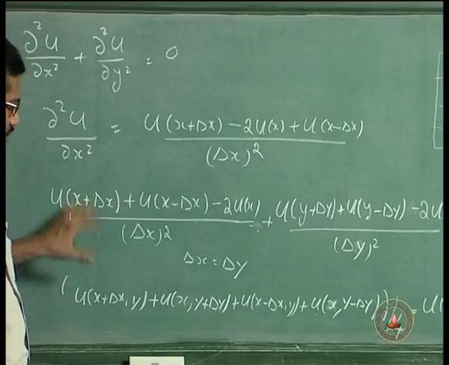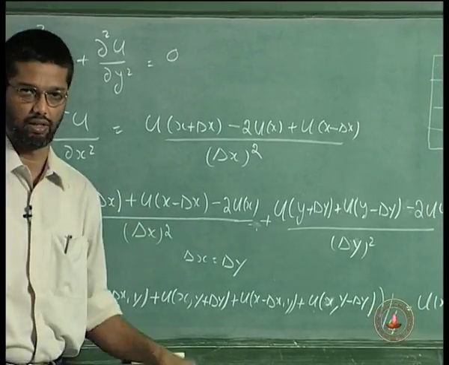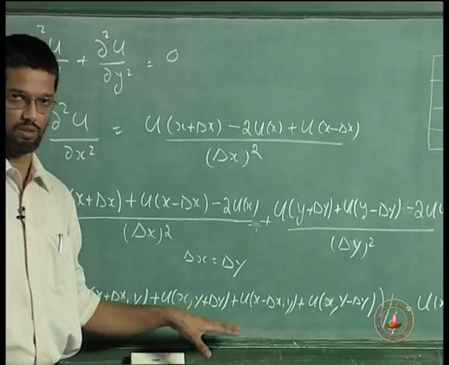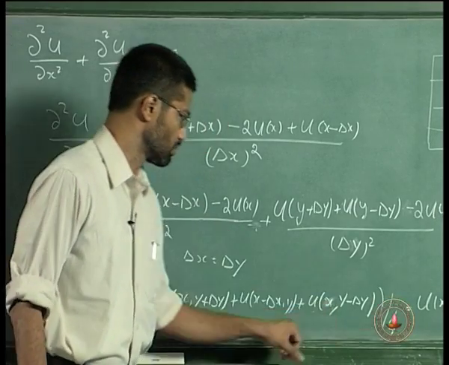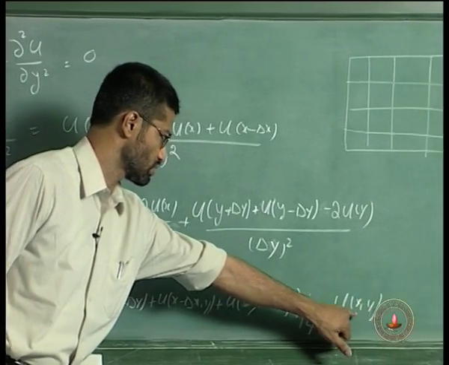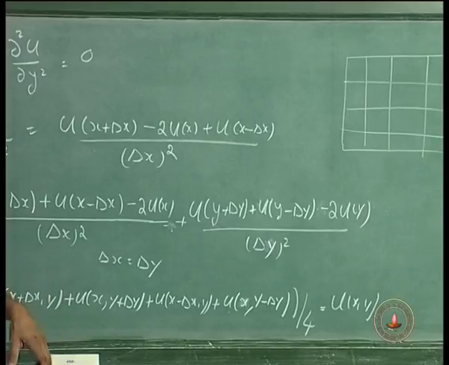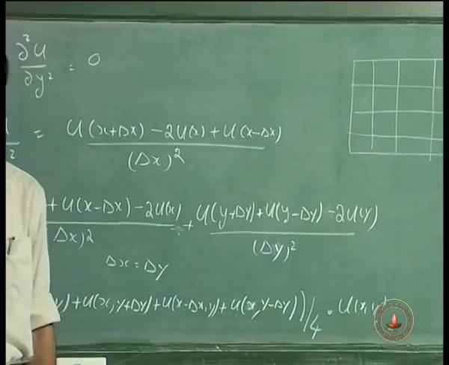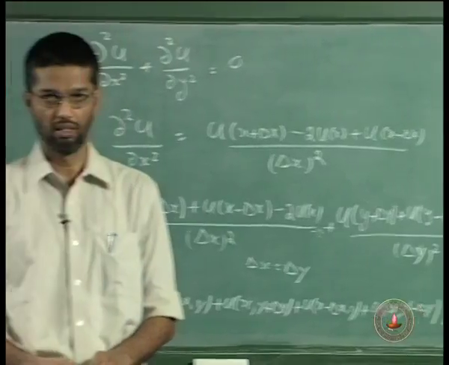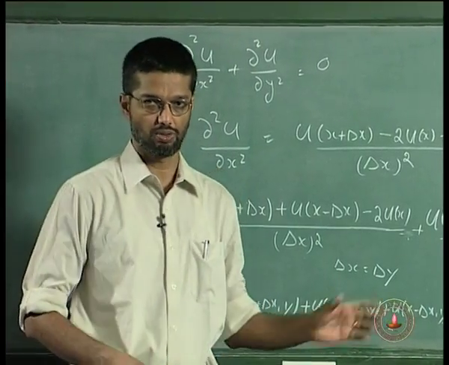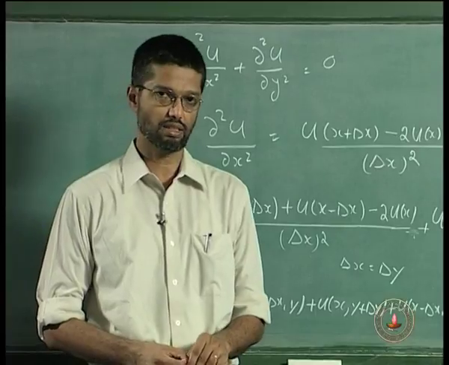And we will continue this procedure till the left and right sides are the same. That is, when u at x, y obtained in the next iteration loop is the same as what was in the previous step. So that was the way of solving the elliptic equations which we did in the last class.